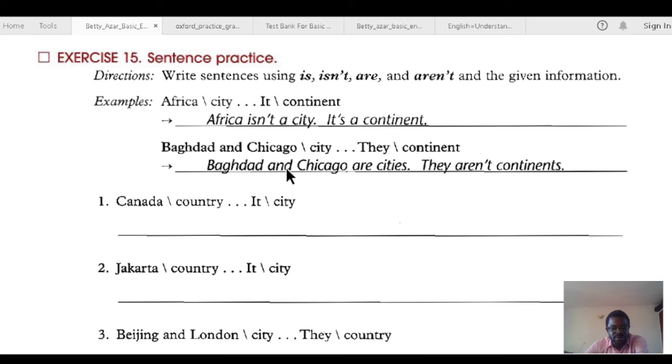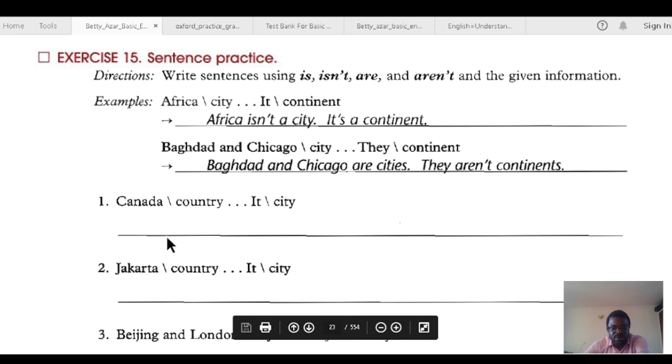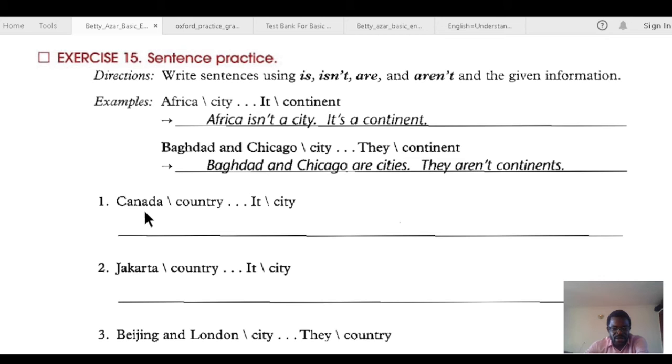Cambodia, China, Thailand, United States. These are countries. But continents, you have like Africa, you have Asia, you have Australia, you have North America. Those ones are called what? Continents. So you have Canada.